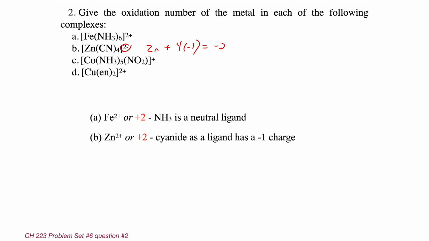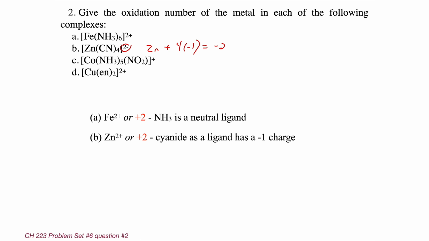All right, cool. Now the next one has a cobalt. It has 5 ammonias and a nitrite, NO2 minus. We saw earlier that ammonia is a neutral charge, so it doesn't have any charge. You don't have to worry about that. But nitrite has a negative 1 charge. So you have cobalt plus the neutral ammonias, which don't really count, and a negative 1 on nitrite.